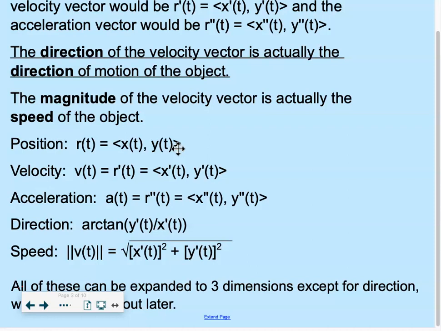If you have x, y, you could have x, y, z, and then x prime, y prime, z prime, and x double prime, y double prime, z double prime. It's all the same. Your speed, the magnitude of velocity, would be the square root of x prime squared plus y prime squared plus z prime squared. If you're in 3 dimensions, you're just adding a third component to your vector.